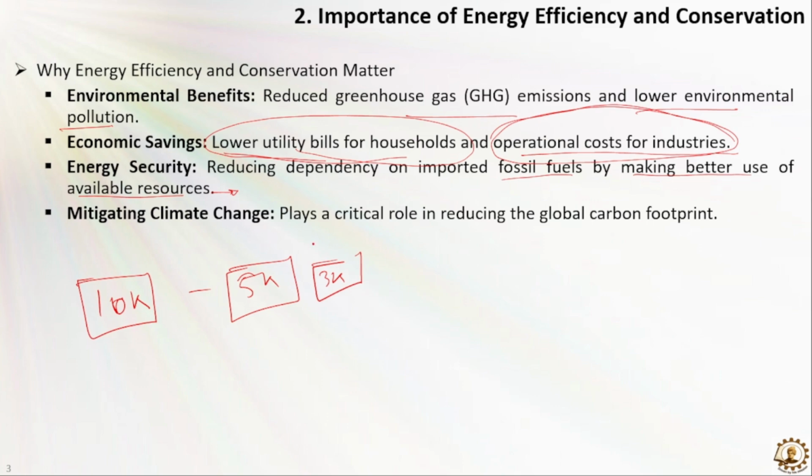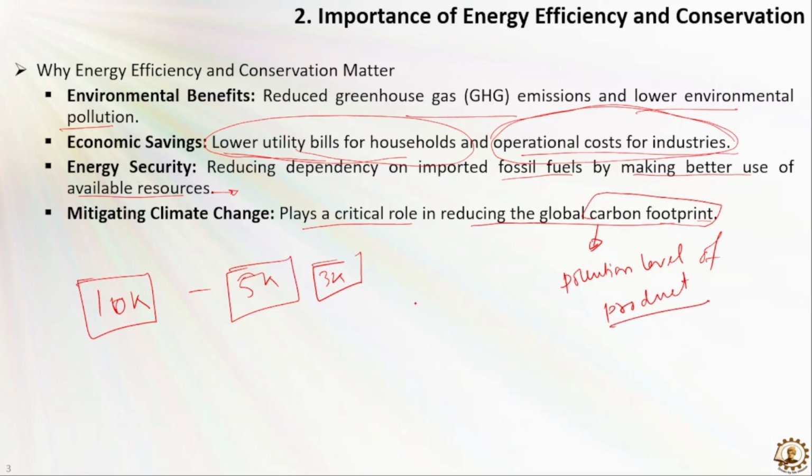So energy efficiency and conservation play an important role in reducing the global carbon footprint. Carbon footprint is an indicator of the pollution level of a product or of a human being. Suppose I have a cell phone. To manufacture this cell phone, I need industry and power.